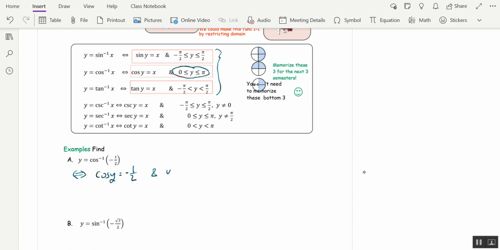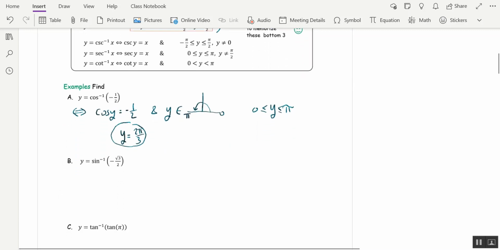I like to do it graphically, like this, but you could also write y between 0 and pi. Now instead of infinitely many values of y whose cosine is -1/2, there's only one. And this just requires knowledge of the unit circle. y is 2 pi over 3, and that's our answer.